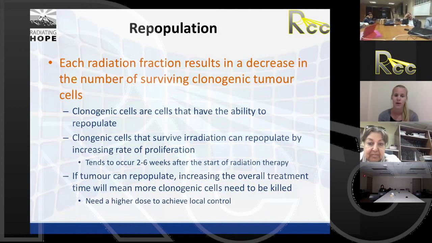As the tumour is repopulating, if we increase the overall treatment time from 2 weeks to 6 weeks, we actually need a higher dose of radiation to achieve the same local control, the same kind of cell killing over time. So that's the effect of repopulation and why we have to consider it as part of radiation therapy.